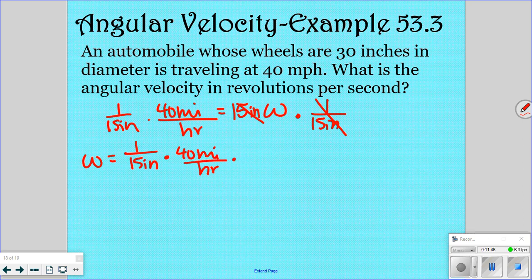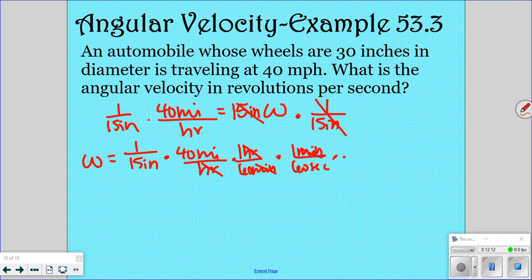So I'm going to start off by making it into seconds. 1 hour is 60 minutes. And then 1 minute is 60 seconds. So that takes care of changing that part. Now we need to change the inches and miles.